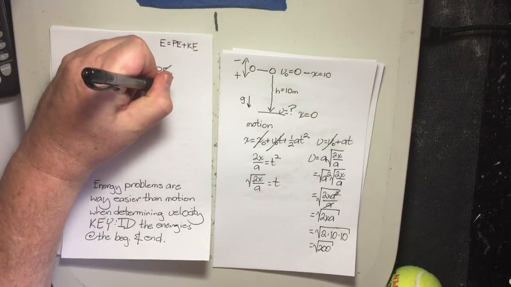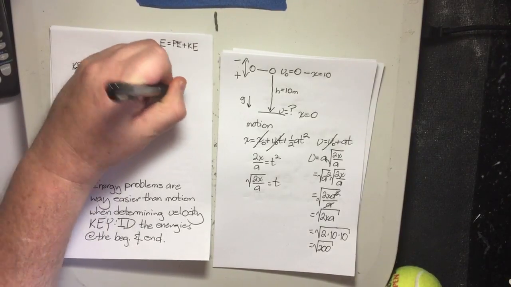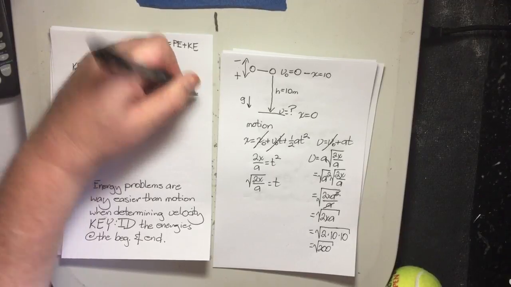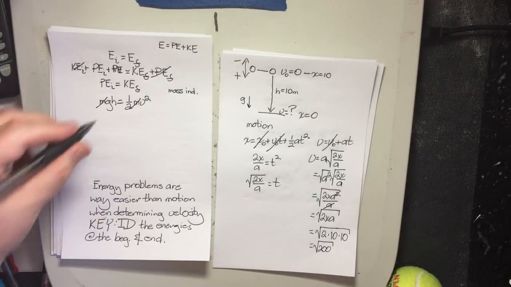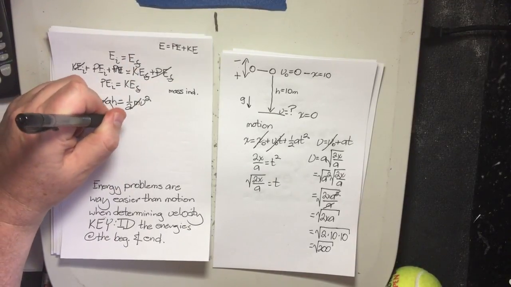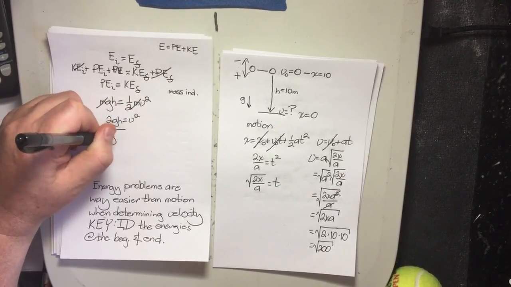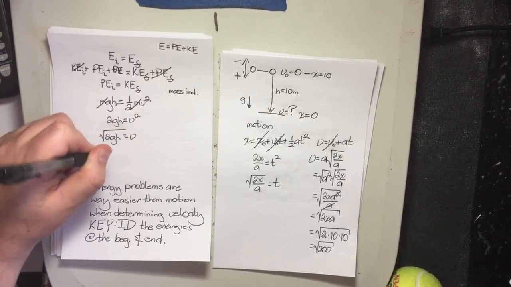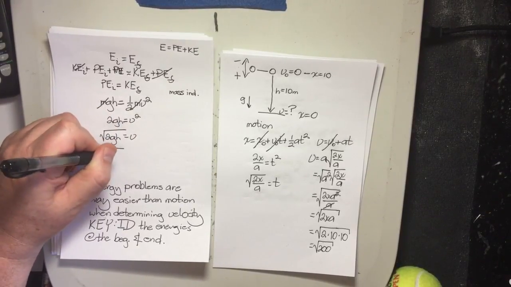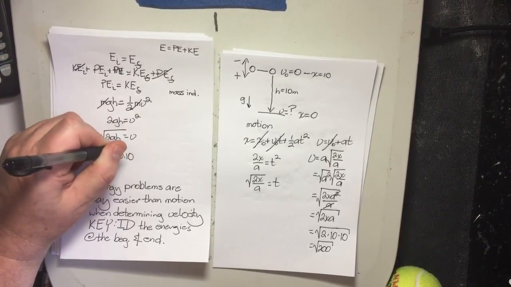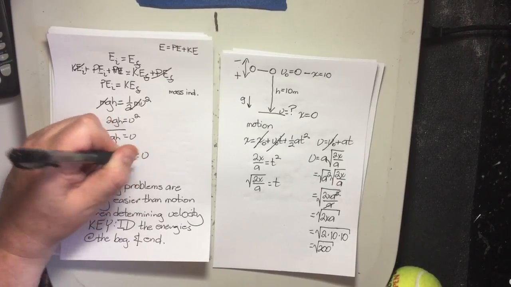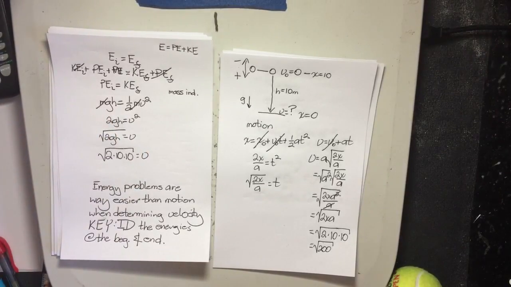It is mass independent. And now 2gh is v squared, square root of 2gh is equal to v. So this is square root of 2 times 10 times 10. Square root of 200, same thing.